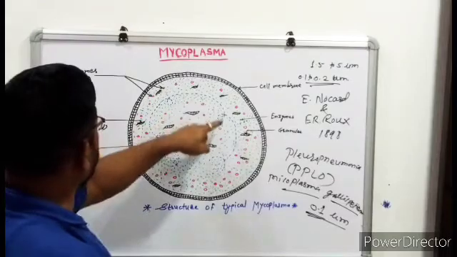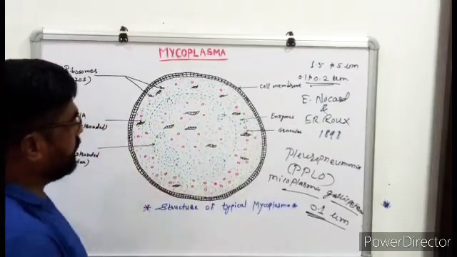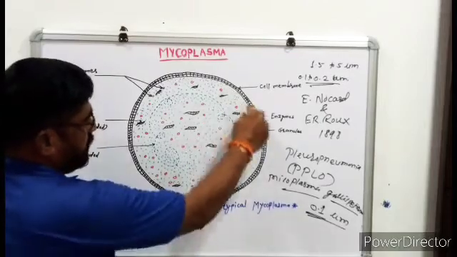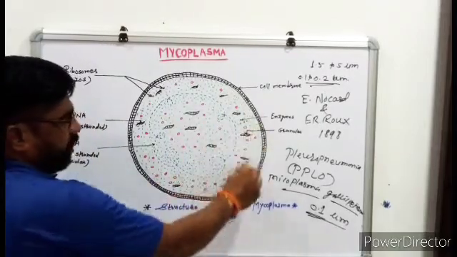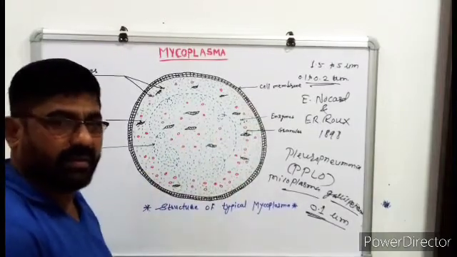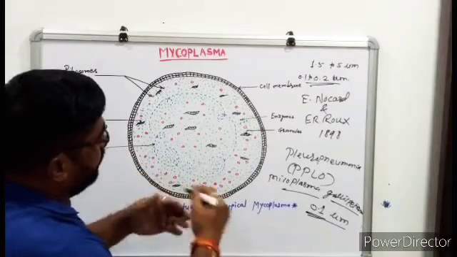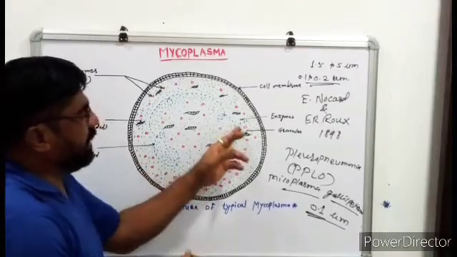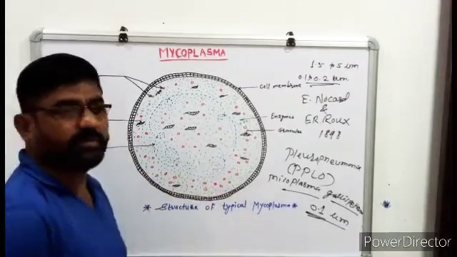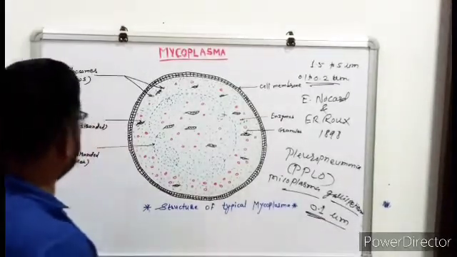In the internal structure of the mycoplasma, plenty of enzymes are spread, and they rapidly carry out the synthesis of various proteins.